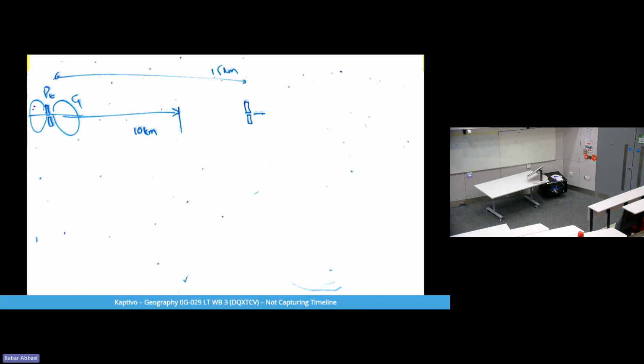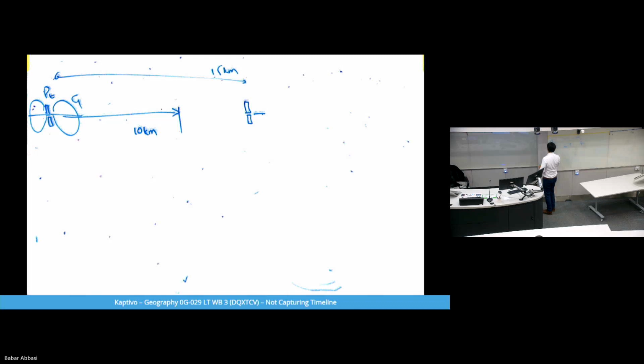Increase the power PT. Imagine my previous PT was 10 W and my new PT is 15 W. Then what will happen?